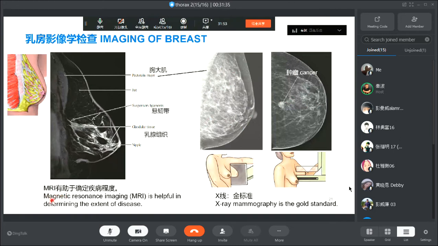We can also use MRI or X-ray to check whether there is cancer in your breast.